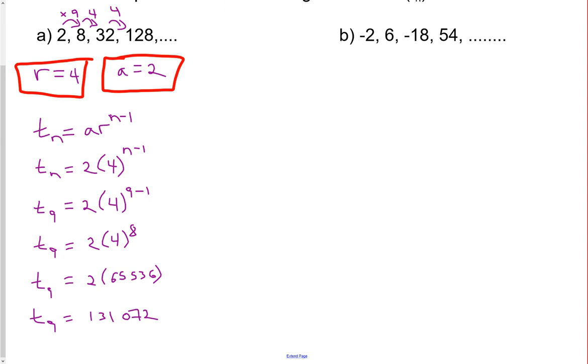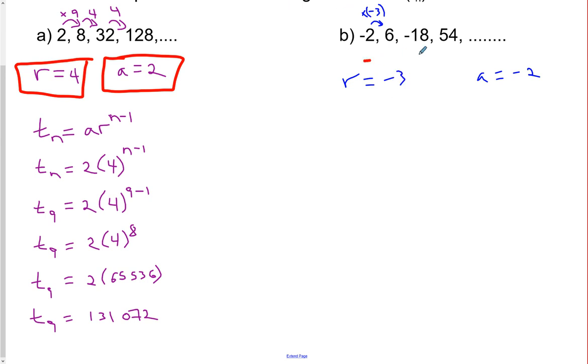Over here on the other side, we've got a similar situation, but I noticed that there's a negative sign that's flip-flopping back and forth. So that means our R value is going to be negative. My A value is negative 2. So I notice each time it's multiplying by 3, but it looks like it's multiplying by negative 3 because the sign is changing.